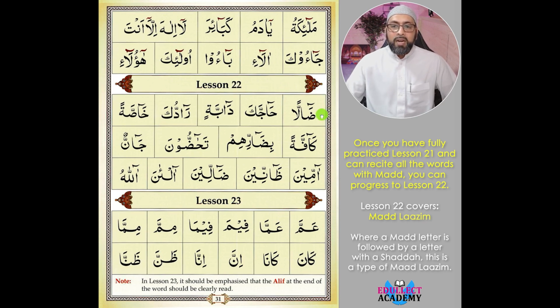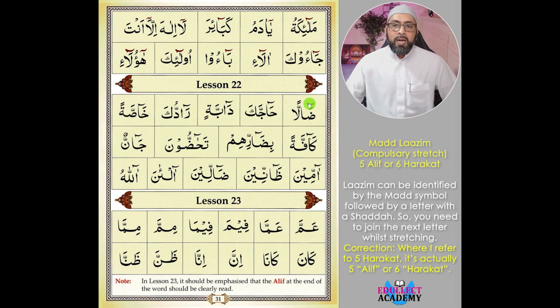did before. Now, in this case, this is part of the mad far'i family, but this type of mad is known as mad lazim. And mad lazim is when you have a mad which is the same symbol as the mad muttasil, but you have a shadda that joins the next letter together.